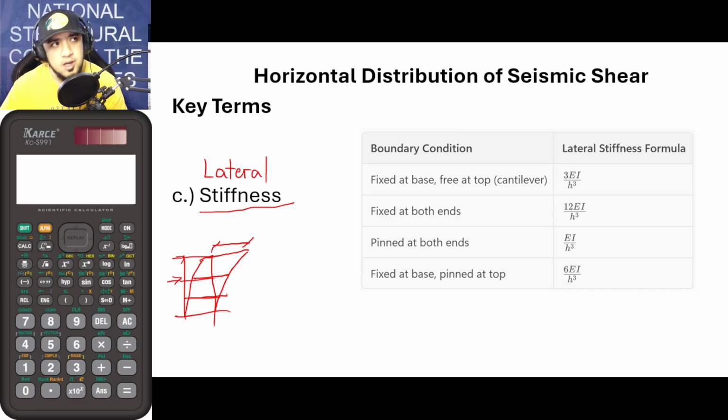And as for shear walls, as you know, a shear wall is basically a very oversized column. So a shear wall is just a big column.